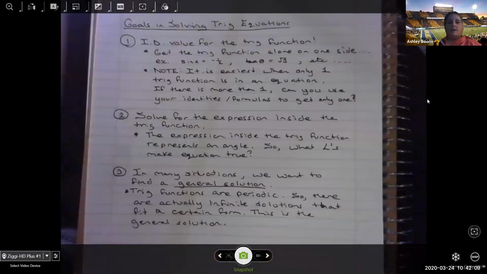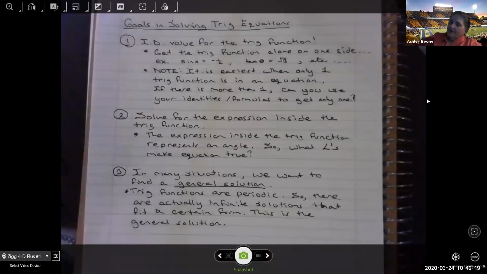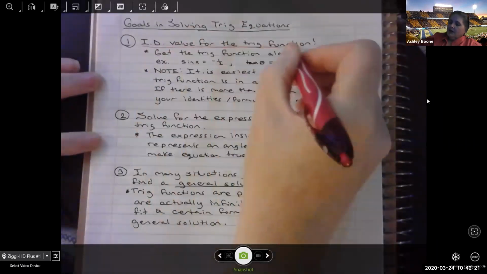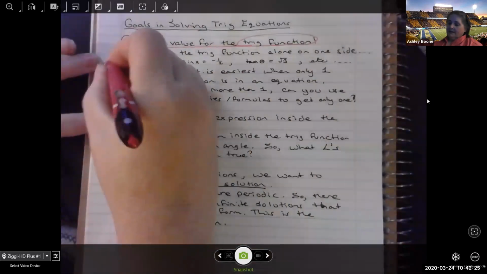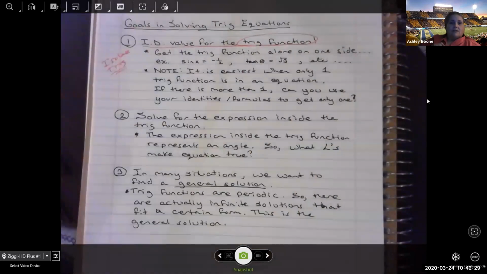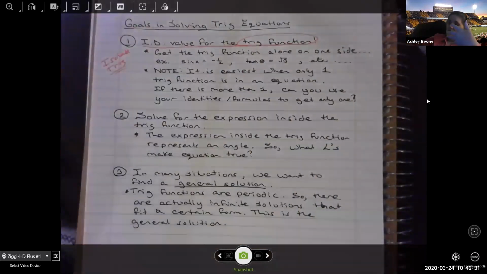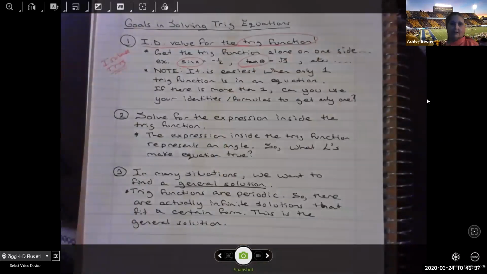The goal, whenever you're trying to solve an equation, is basically 3 steps, sometimes just 2, kind of depends on what's going on. Identify the value of the trig function. Basically, what you're looking at here is you want to isolate your trig function, okay? So, if you have sine involved, get sine of x by itself. If you have tangent involved, get tangent of x or tangent of theta by itself.